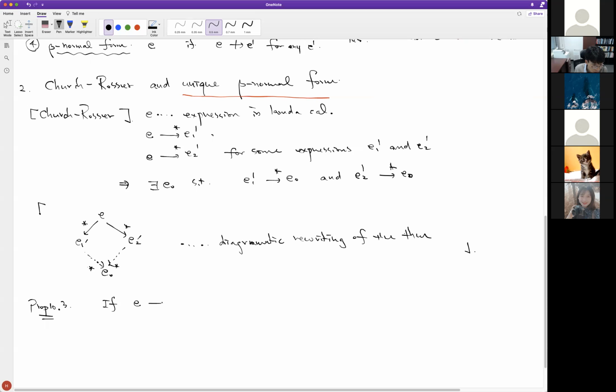expression E gets reduced to E1, and expression E gets reduced to E2, for beta normal forms E1 and E2, then E1 is alpha equivalent to E2.